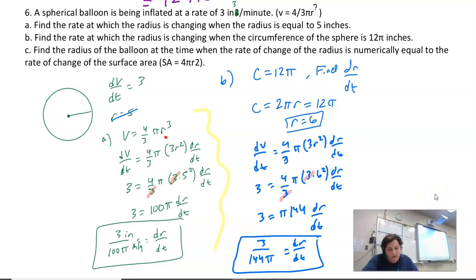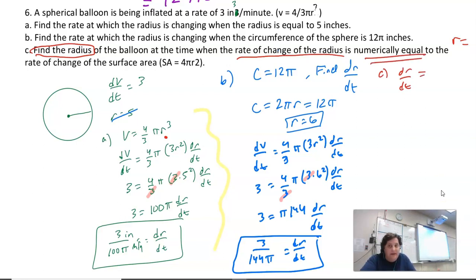All right, so find the rate at which the radius is changing. Okay, find the radius at the time when, okay, so you guys, we got to attack it like this. Find the radius. So my answer should be r equals. At the time when the rate of change of the radius, okay, this is dr/dt, is numerically equal.